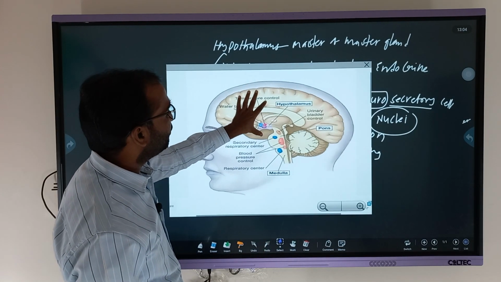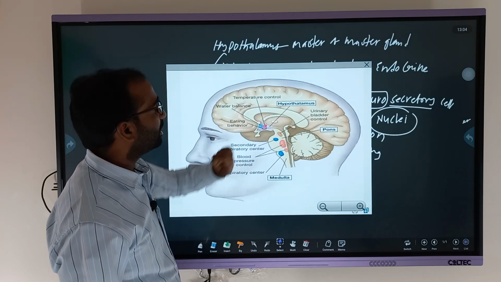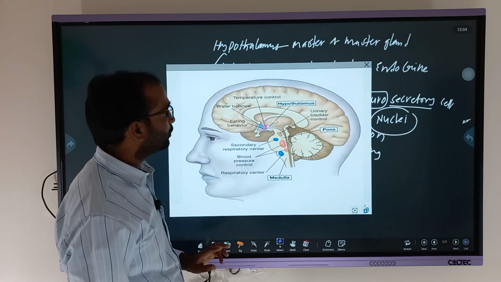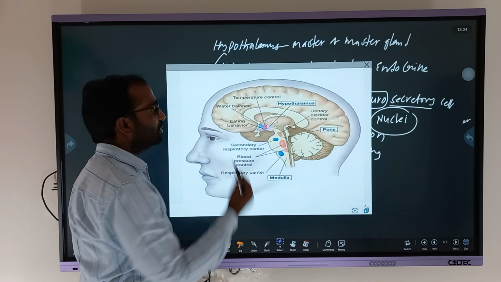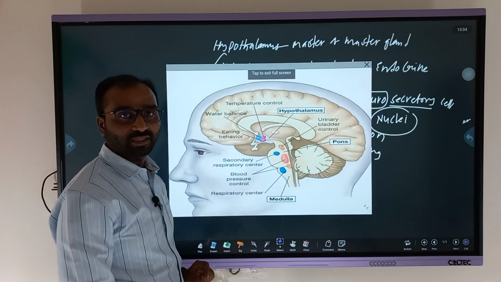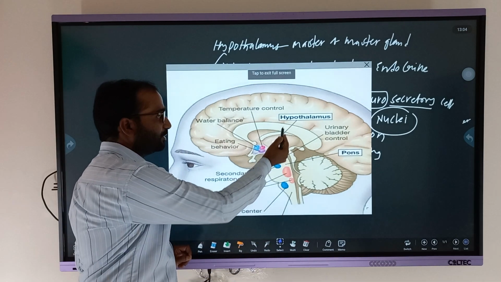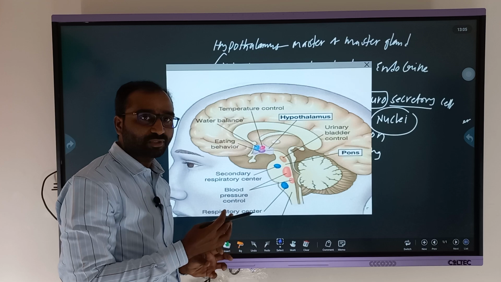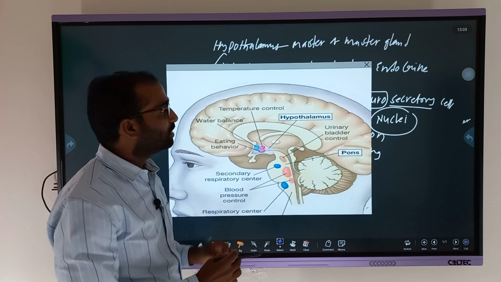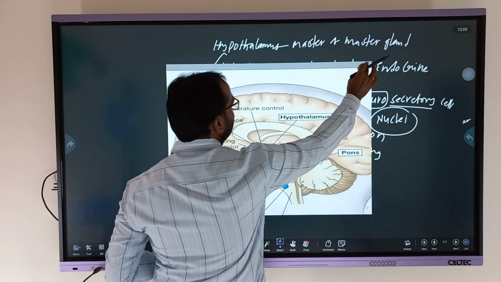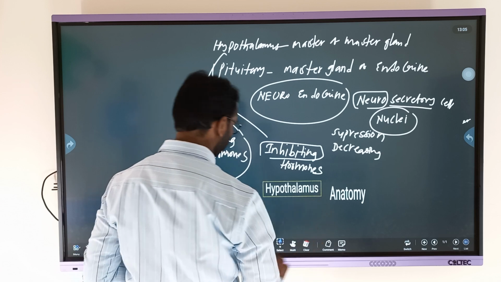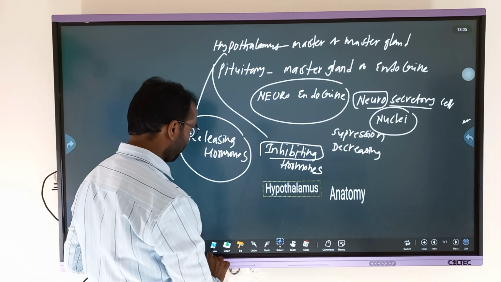This is the hypothalamus and it stimulates the pituitary gland. This is the pituitary gland. The hypothalamus has specialized cells, as I told you, called neurosecretory cells, and those are nothing but nuclei.